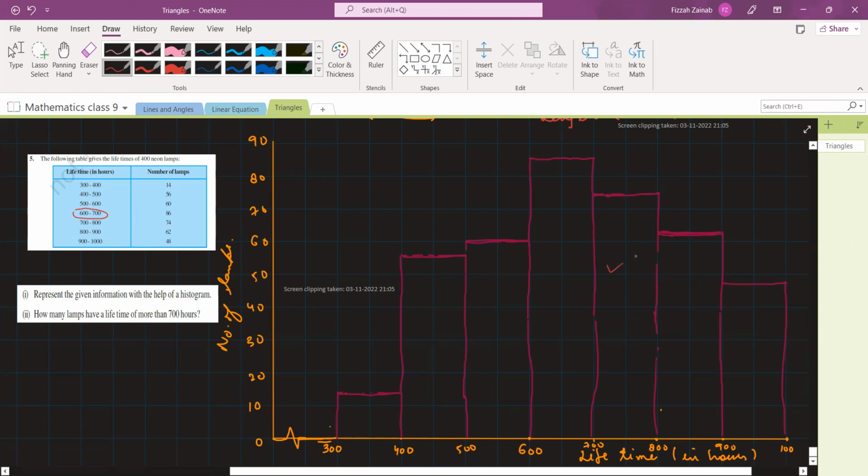The next is 62 and the next is 48. So this will be 74 plus 62 plus 48. 6 and 8, 14, carry 1, 14, and then 4, 184. So 184 lamps is the answer.